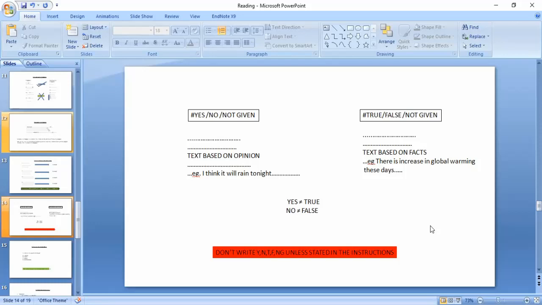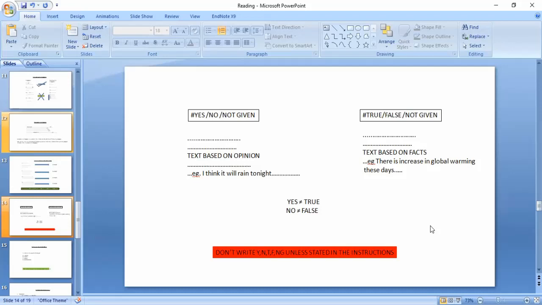First, you need to understand what types of questions are these. Usually, yes, no, not given questions are based on text that are opinion based. Okay, so yes, no, not given questions will be asked in opinion types of text.